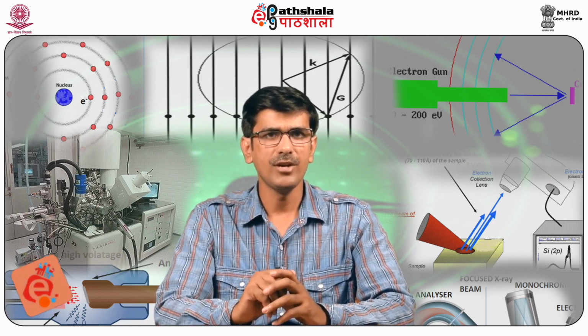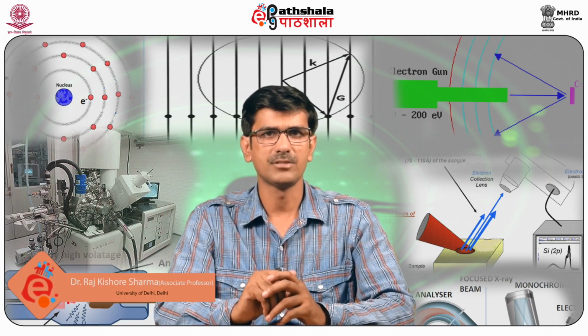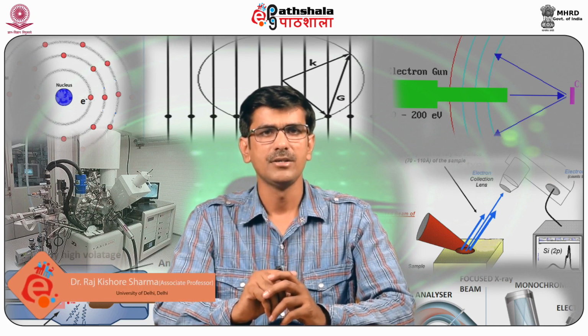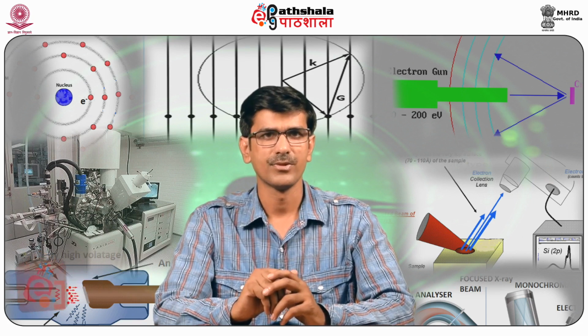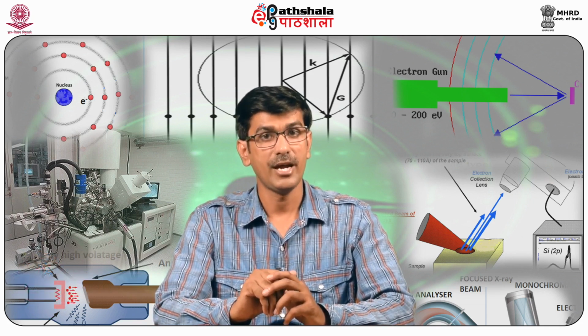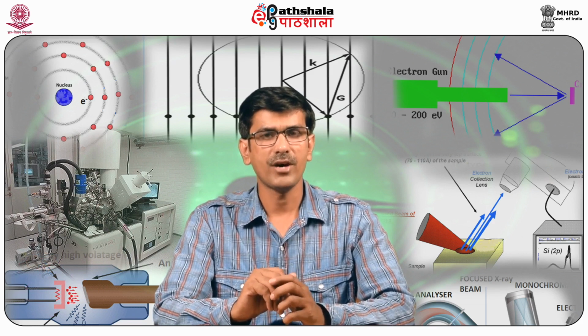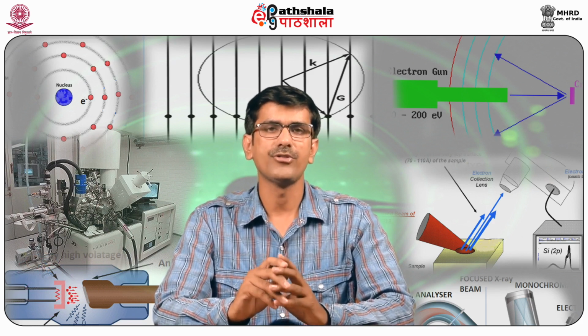In 1915, William Henry Bragg and William Lawrence Bragg were awarded the Nobel Prize for their contribution to crystal structure analysis. They were the first and so far the only father-son team to have jointly won the prize.